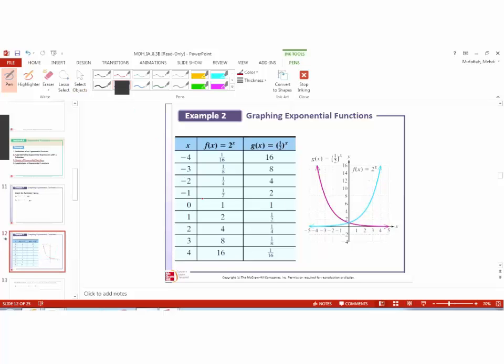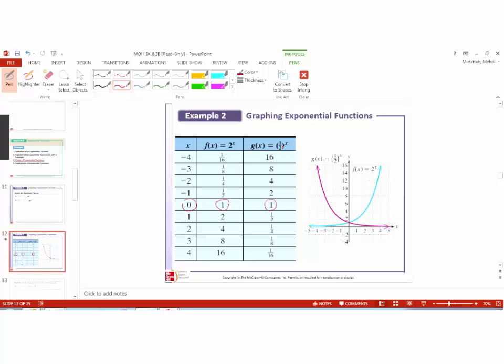If x is equal to 0, like in this case, f of x would be 2 to the power of 0, which is equal to 1. So for the f function, if x is equal to 0, y is equal to 1, it's going to pass through this point here.